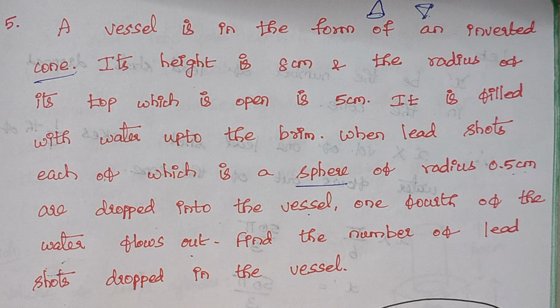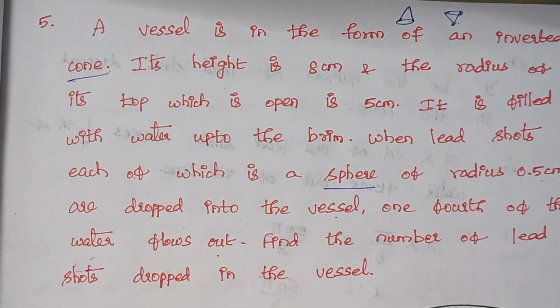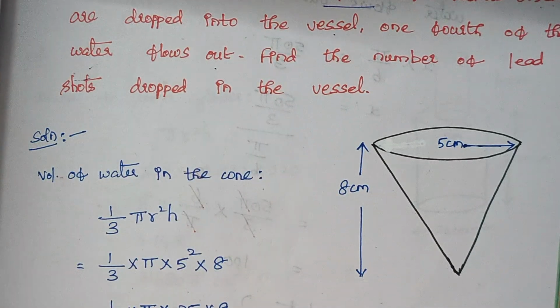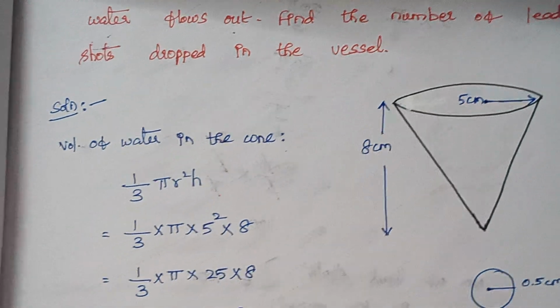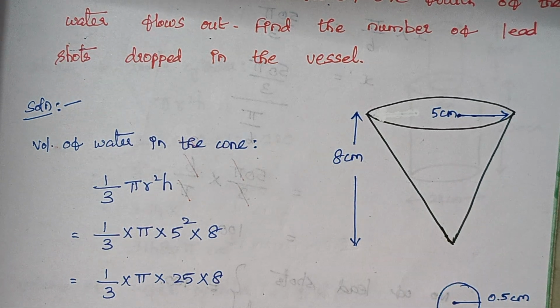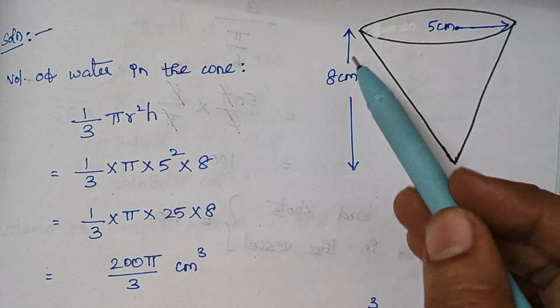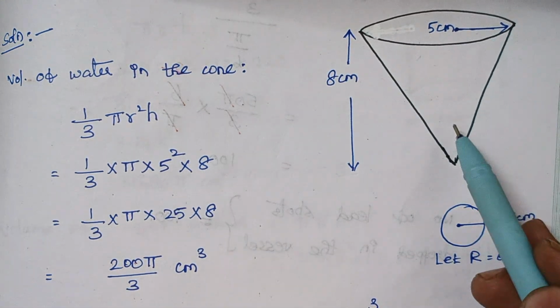First we start our solution by finding the volume of water in the cone. You see, this is the inverted cone. Its radius and height are given. To find the volume of water in the cone, we have to calculate the volume of the cone, because depending upon the capacity we will be having water.